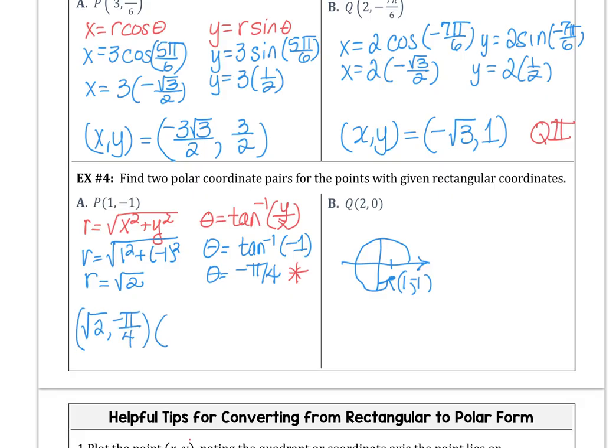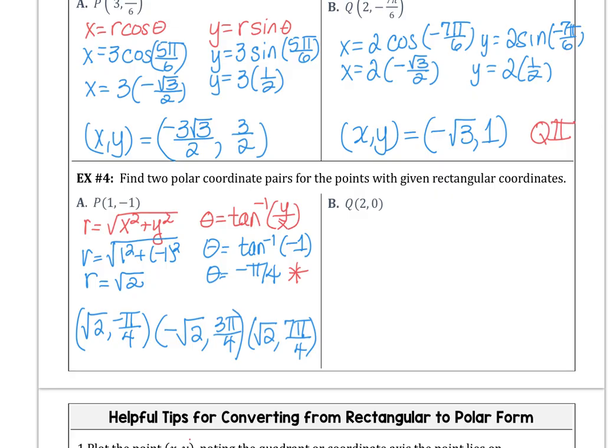You can write it as negative square root of 2 and 3 pi over 4, because I could come over here at negative 2 and go down 3 pi over 4. Or we could start at positive square root of 2 and go all the way around and end up at 7 pi over 4. But that's 3 different ways to write the polar coordinate for our xy point.